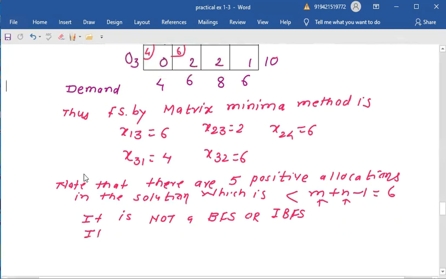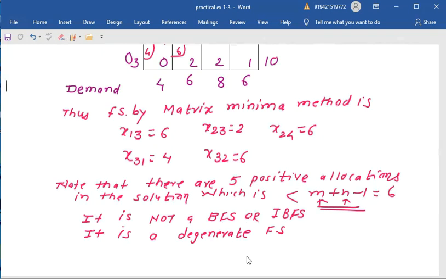It is a degenerate feasible solution. When the number of positive allocations is less than m plus n minus 1, we say that it is a degenerate feasible solution. It is not a basic feasible solution.